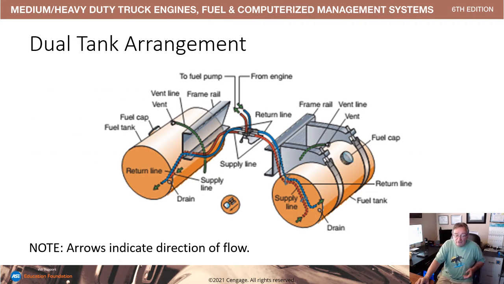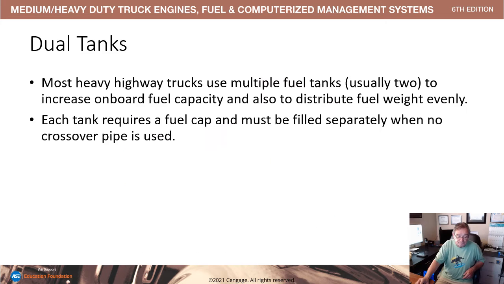Here we have a pair of tanks that show all of the components, but we have what's called a crossover or a supply line here. It's also called a crossover hose or tube, and both tanks will be picking up fuel. They can be switched to one or the other or both, depending upon the way the OE sets up the vehicle.